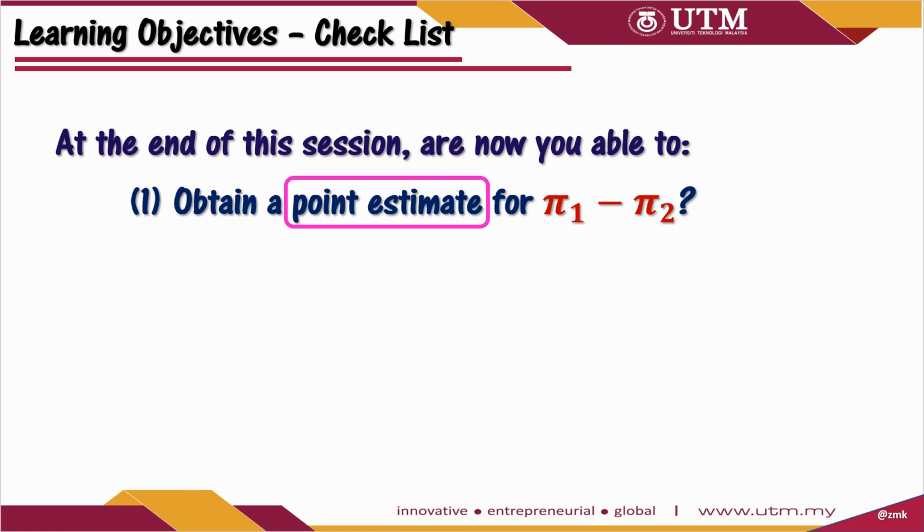Please recall that the point estimate for pi1 minus pi2 is simply p1 minus p2, which is the difference between the two sample proportions that you can obtain or calculate from sample data.